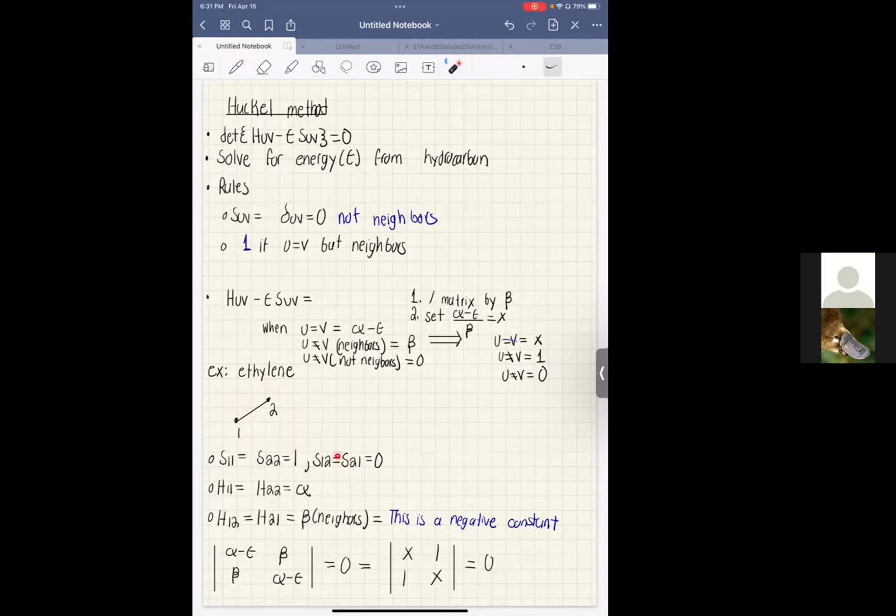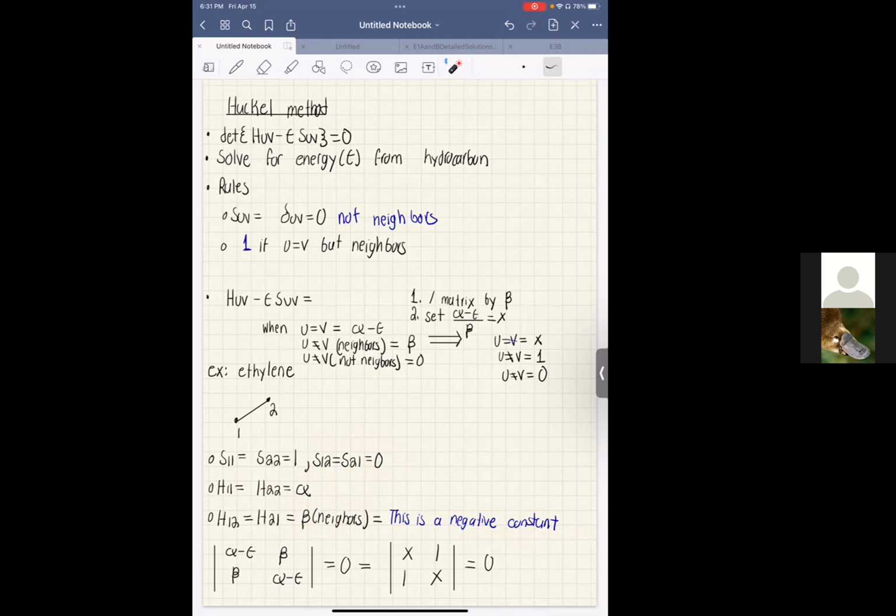For S12 and S21, it's not the same atom, so they equal 0. But H11 and H22 equal alpha, and H12 and H21 equal beta because they're neighbors. And beta is a negative constant, which will help with determining energy later on.